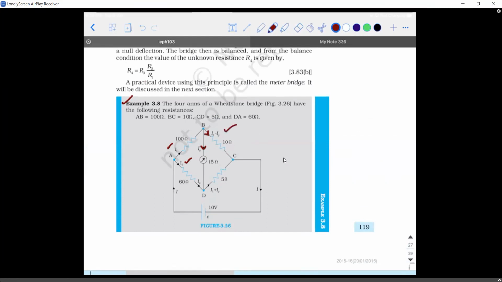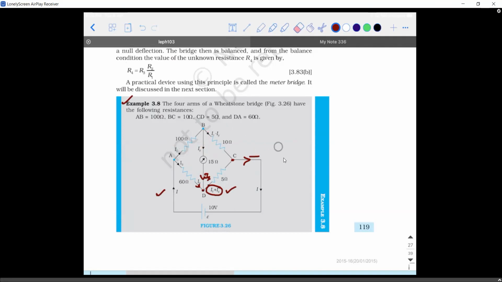Similarly, here it is I2 and IG is traveling here, so both get added at the junction, and it is going to be I2 plus IG, which goes to the point C. So I1 minus IG plus I2 plus IG completely gives you I. Whatever current has gone, the same current has returned back. As simple as that. Now what are we supposed to do?